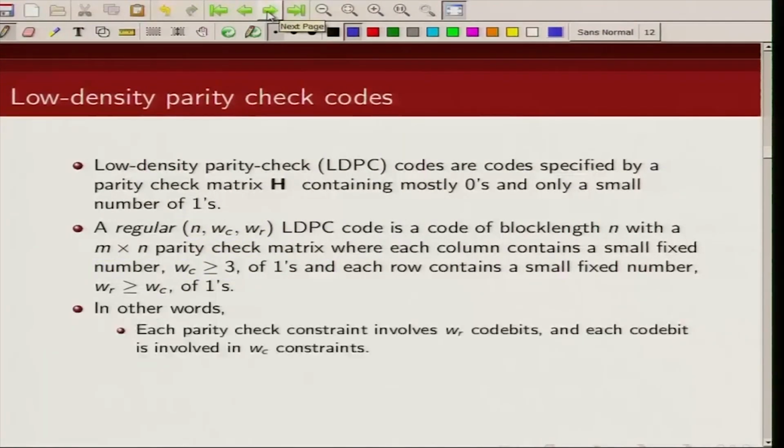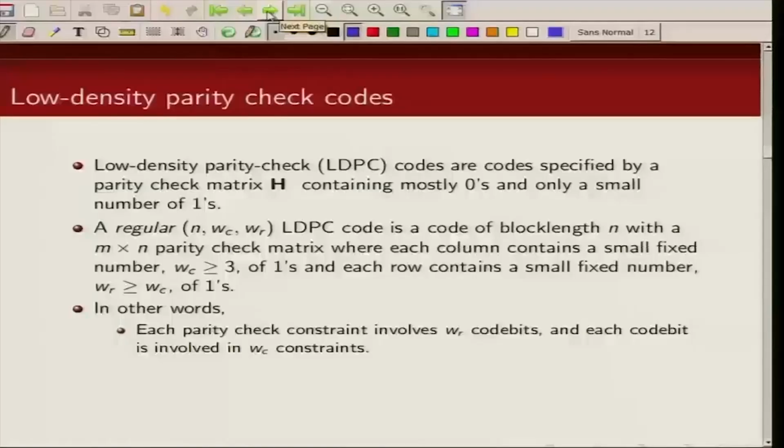Now, what do the rows in the parity check matrix specify? If there are W_R ones in a row of the parity check matrix, it specifies that W_R bits are participating in a parity check equation, and in all the parity check equations the same number of bits are participating. And what is the implication of W_C ones in each column?